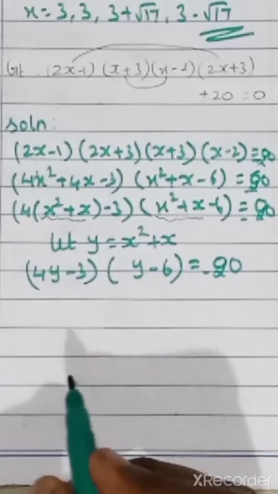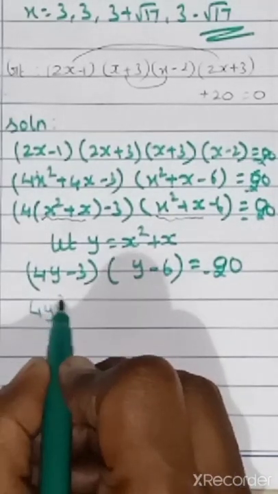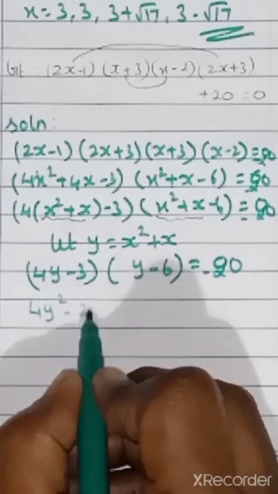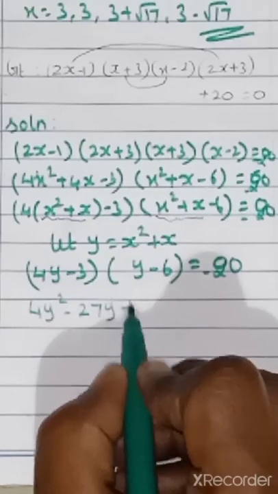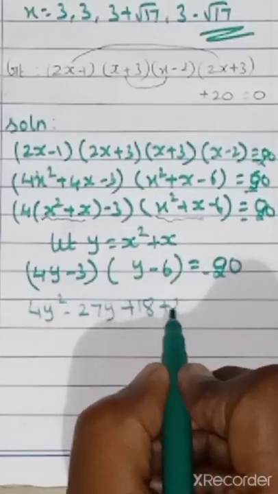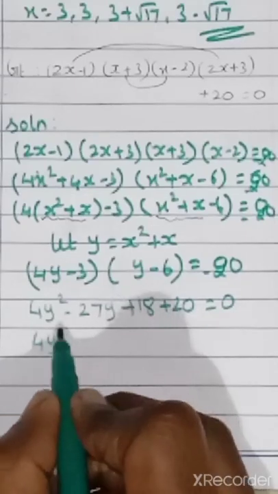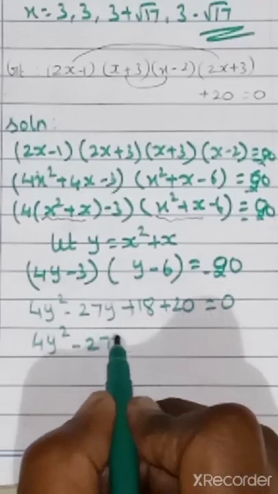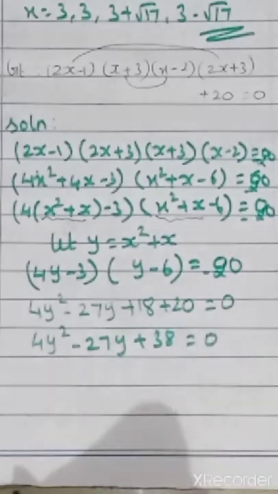So if you multiply, what you will get, 4y square minus 27y here plus 18, this comes to this side, plus 20 equal to 0. Again if you simplify, 4y square minus 27y plus 38 equal to 0.